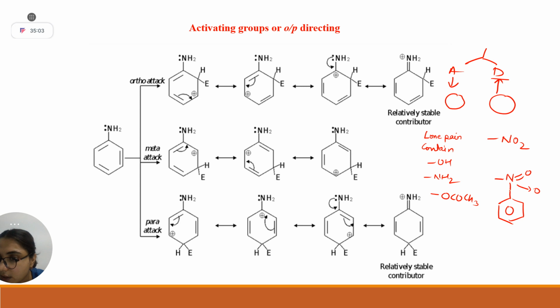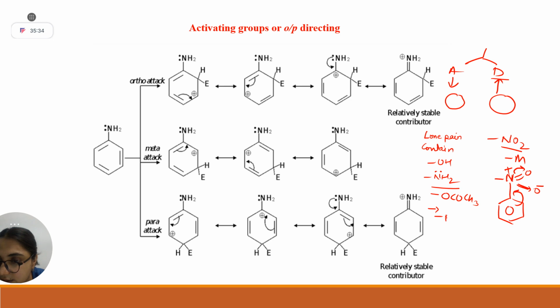Since this nitrogen in general has four bonds, we can write it like this also. So it will go like this and pull electron density from the benzene ring. Therefore it is minus M. Here nitrogen is not having a lone pair, that's why it is on the right side. Here nitrogen is having a lone pair. Yes or no?